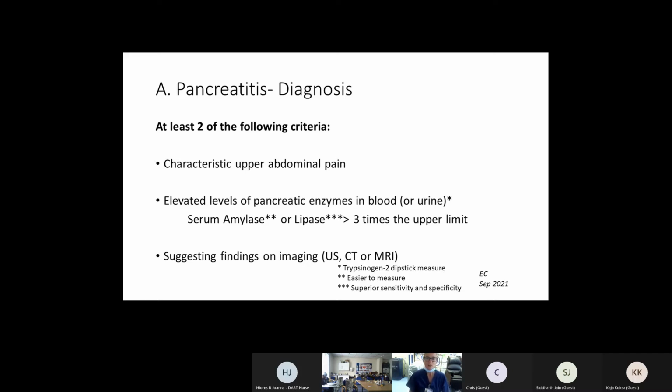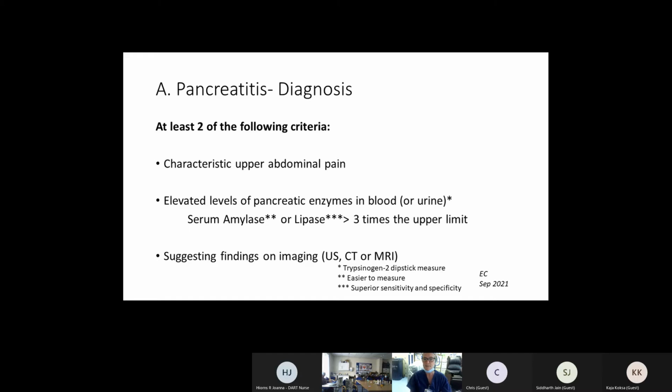Now, about diagnosis. It's nowadays universally recognized that we need to have at least 2 of the following criteria. One of them is a characteristic upper abdominal pain. As you all know, it's the kind of pain that goes to the back. Or we need to have elevated levels of pancreatic enzymes in the blood or even in urine. So the serum amylase or the serum lipase should be 3 times above the upper limit.